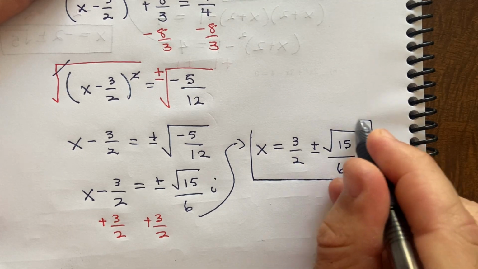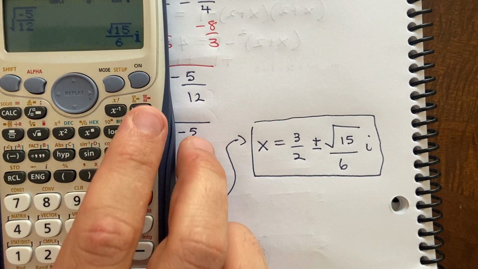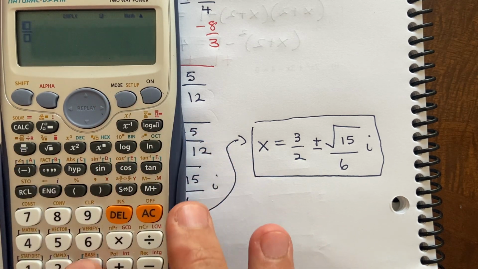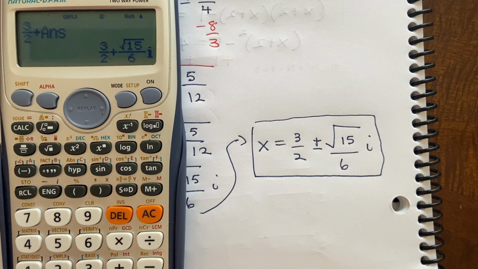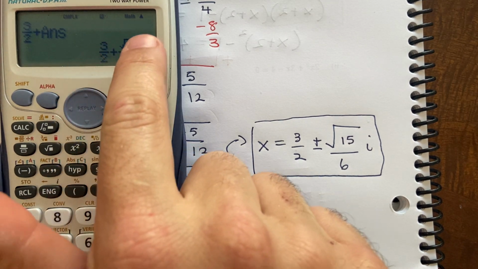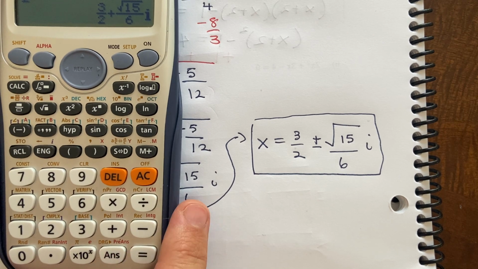I'll go ahead and check one of those. So I already have that in there. So if I just go 3/2 plus answer, then that is the positive version of my answer. And now this thing is my answer that the calculator is memorizing as this button here.